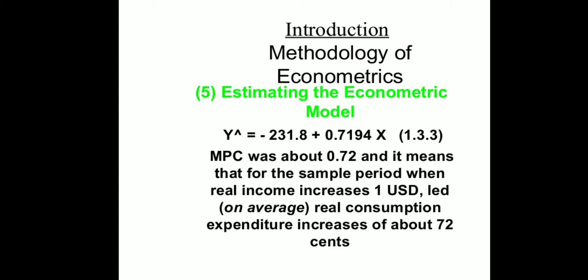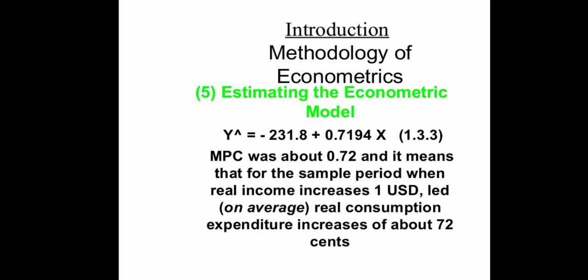marginal propensity to consume. It is defined as the rate of change of consumption for a unit change in income, and is greater than 0 but less than 1. So this is the MPC, and it was about 0.72. It should be greater than 0 and less than 1.